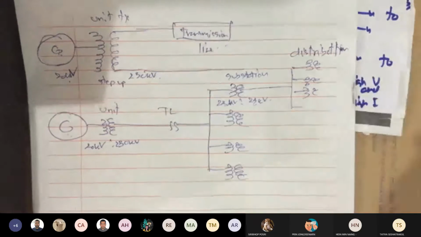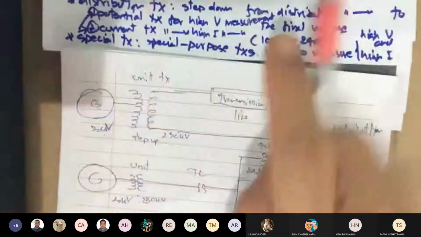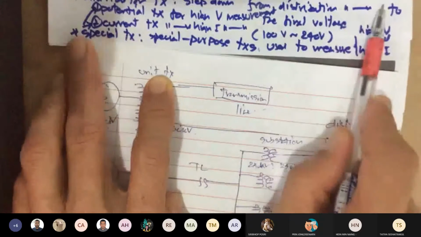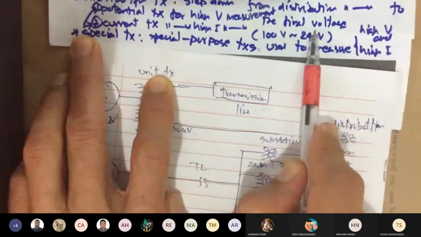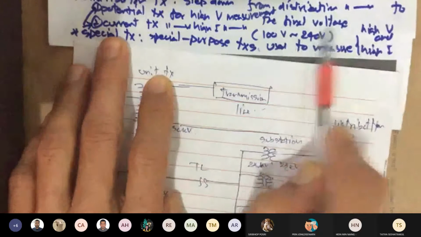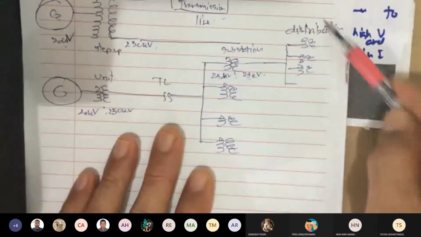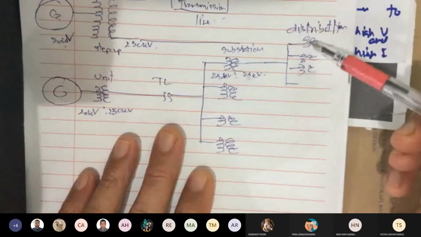Okay, so what does it do? It steps down one more time from distribution levels in terms of kilovolt down to the actual voltage level. So in Thailand, it's 220 volt. So these transformers are the ones that you can see on the electrical pole, somewhere around, maybe on the building.